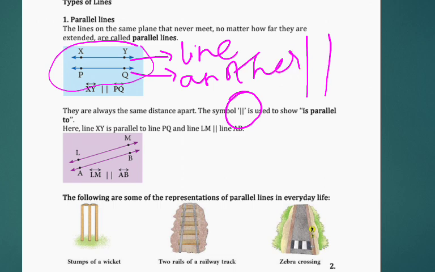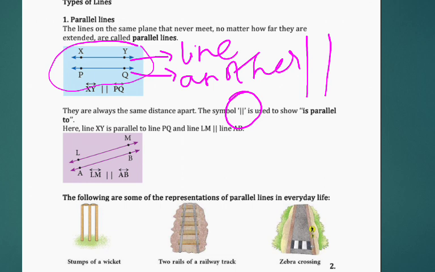These two lines are said to be parallel. They are in the same plane, and they never meet each other, and they move in the same direction or in the opposite direction. They move in the same plane without meeting. Therefore these two lines are called parallel lines.